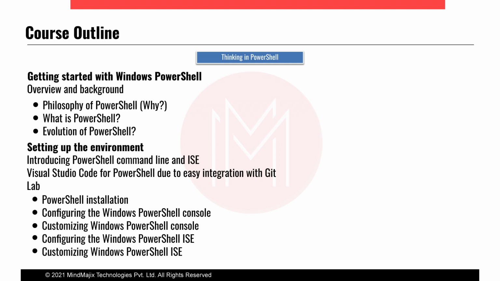The first part is Windows PowerShell and its editor, the Integrated Scripting Environment, which we commonly call ISE. In the Windows Server environment, we still use ISE, but in the latest version of PowerShell, we are stopping the use of this editor.